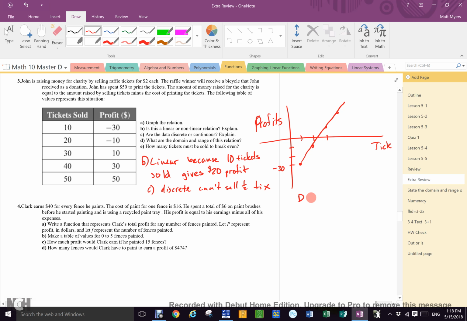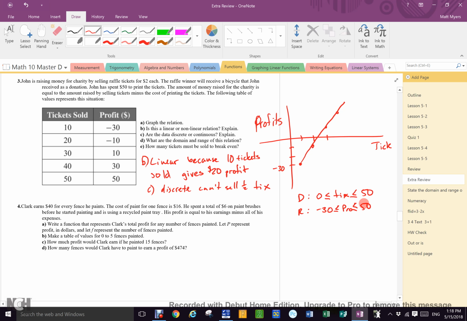The domain is 0 less than or equal to tickets less than or equal to 50, and the range is negative 30 less than or equal to profit, which is less than or equal to 50.